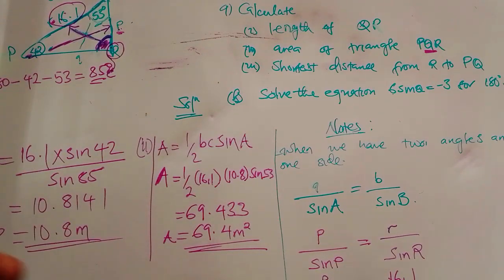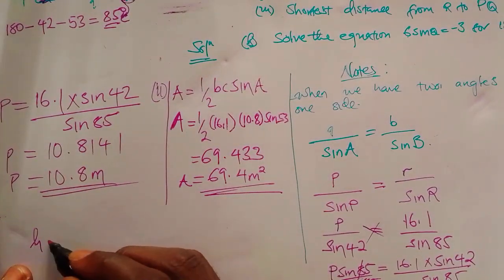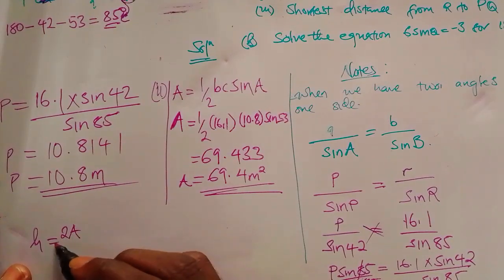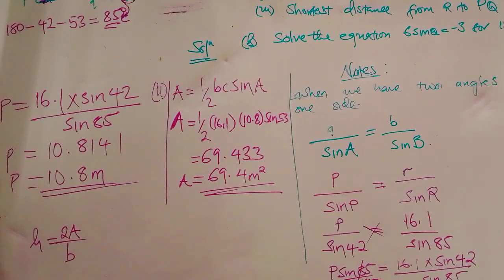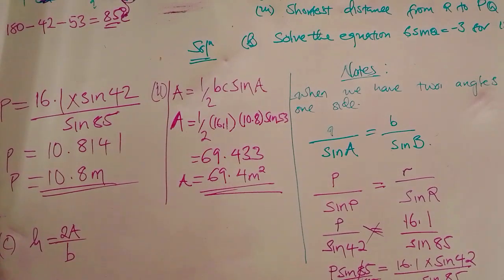Then when we talk about the shortest distance, I said the formula for shortest distance is h equals 2a divided by the base. So this is the formula which we use to calculate the shortest distance.